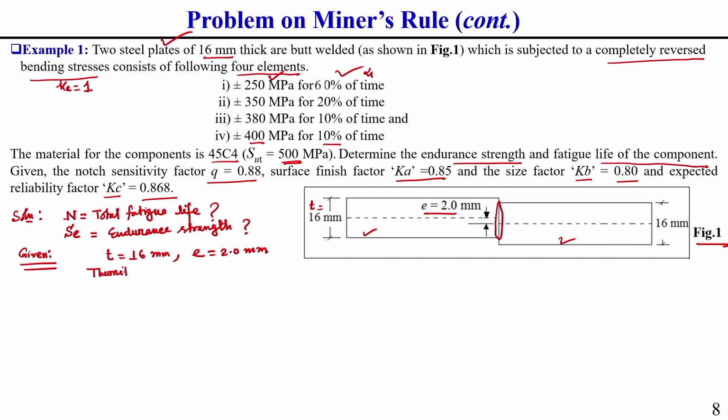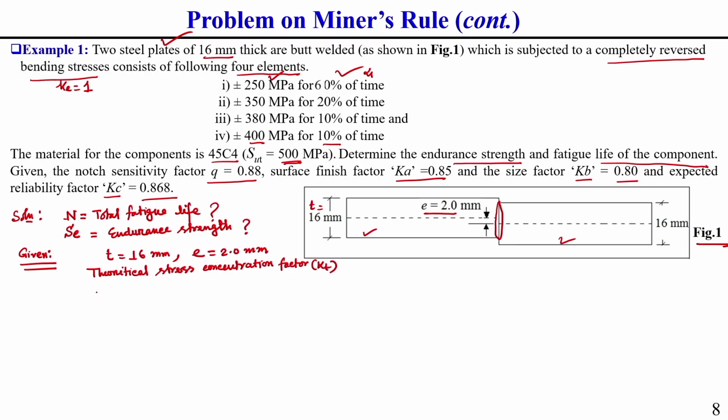For an eccentric type of weld joint, I have already told you how we can calculate this Kt.